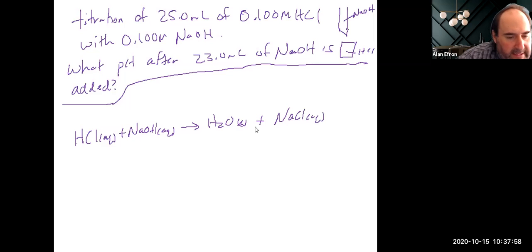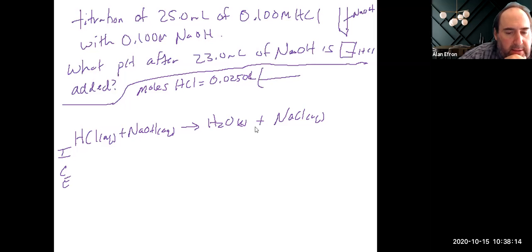So we do need to do an ice table, and we need to do this ice table in moles. So we need to figure out the moles of each of these things. The moles of HCl would be our volume converted to liters times our molarity.